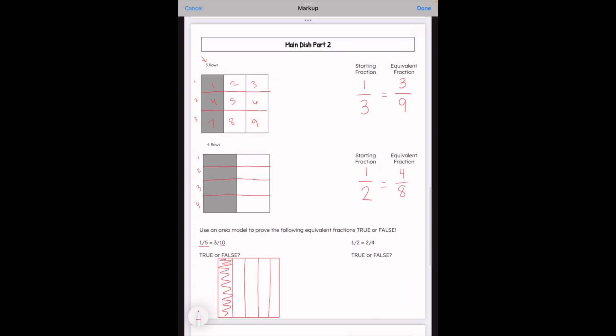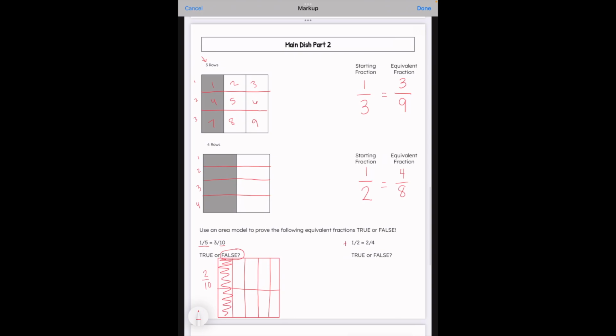So what I can do is divide this into 2 rows in order to make 10 pieces. I'm looking at my fraction here and it says 1/5 would be equivalent to 2/10, but not 3/10. So this is a false equivalence statement. These two fractions are not equivalent.